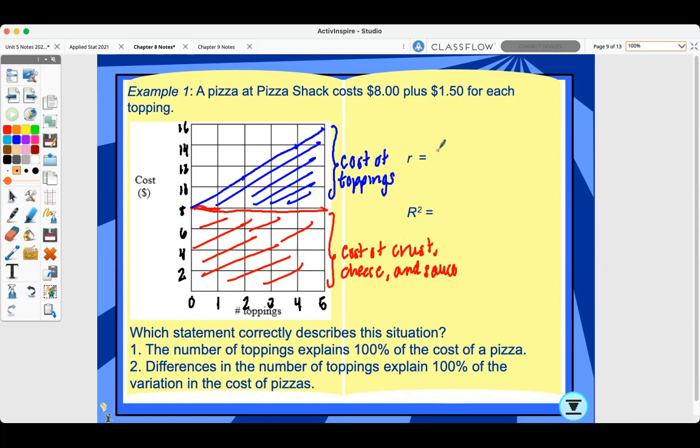Here, my R equals 1, and my R squared would be 1, or 100%. And the differences in the number of toppings explains 100% of the variation, keyword there, in the cost of pizzas. So you should have had number 2 to describe that situation above.